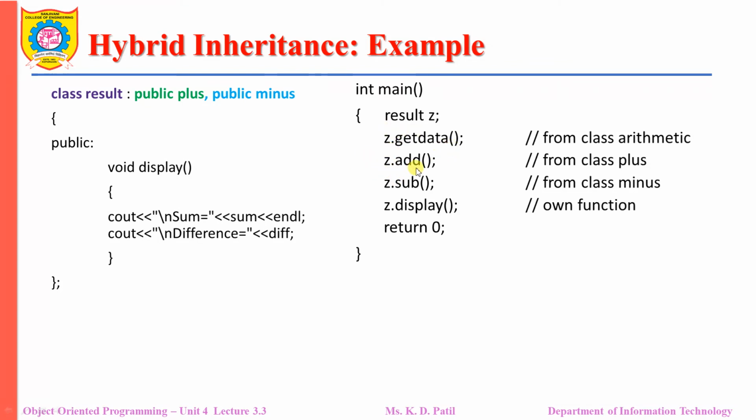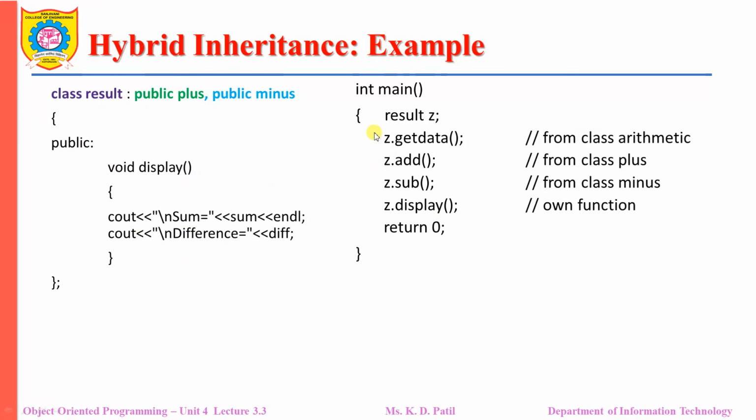Okay, and the second function, that is the add function, is from plus class. As the result class is the derived class of that plus class, that function can be invoked. One more function is there, that is the sub function, which belongs to minus class. So the result class is inheriting that sub function from the minus class. Now the display function is its own function; the result class has its own function.